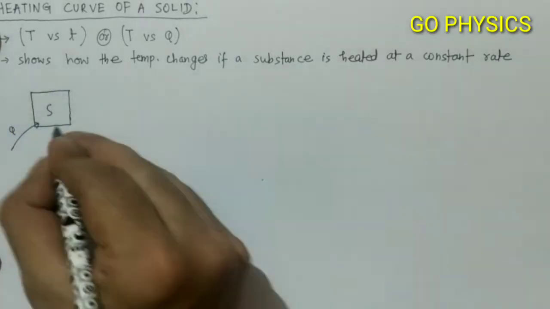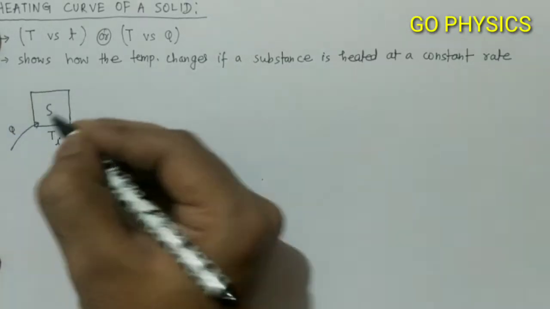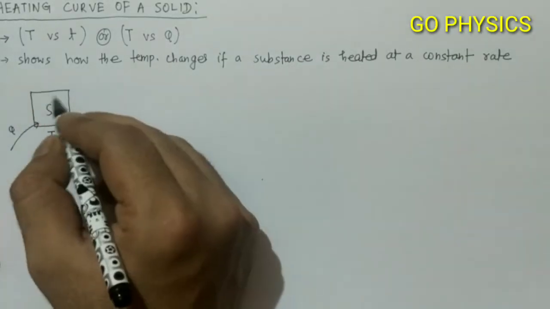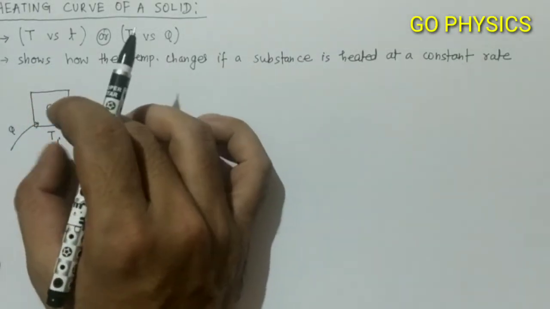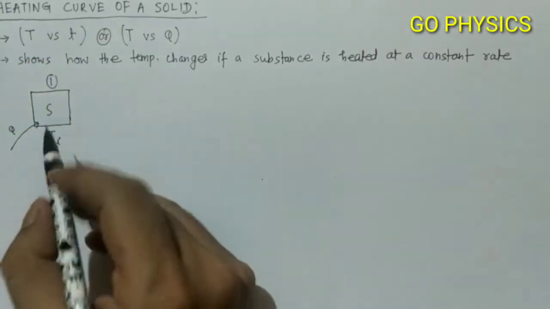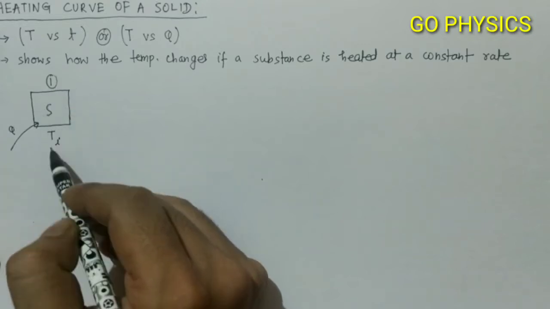And let us suppose Ti is the initial temperature of this solid body, and 1 is the state of the system at temperature Ti.